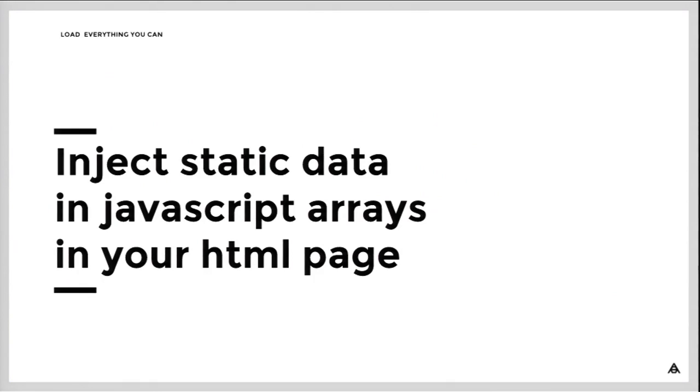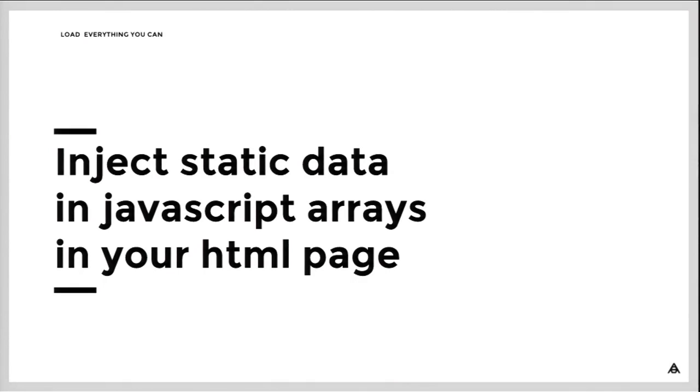Another example: often the user has to log in to your application, and you need the information about the user, his first name, last name, email address and so on. You can include that directly inside your HTML page instead of asking the server, oh, give me the connected user.